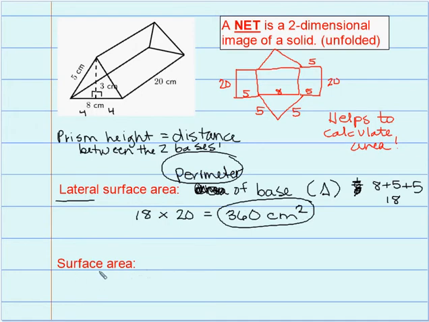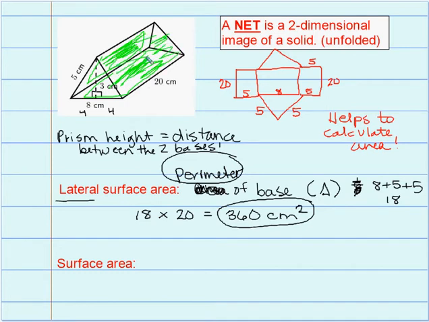The surface area then would be the area of all of the sides or faces added together. Now we already calculated the area of this face, and then the one that you can't see. So we did this one, and the flat one, and this one on this side right here.